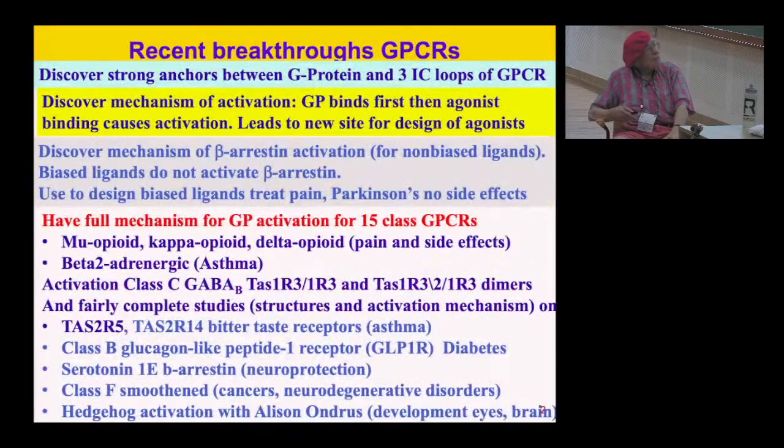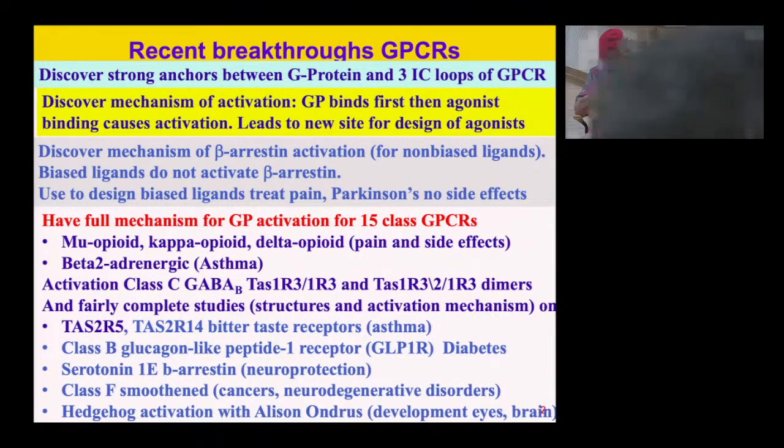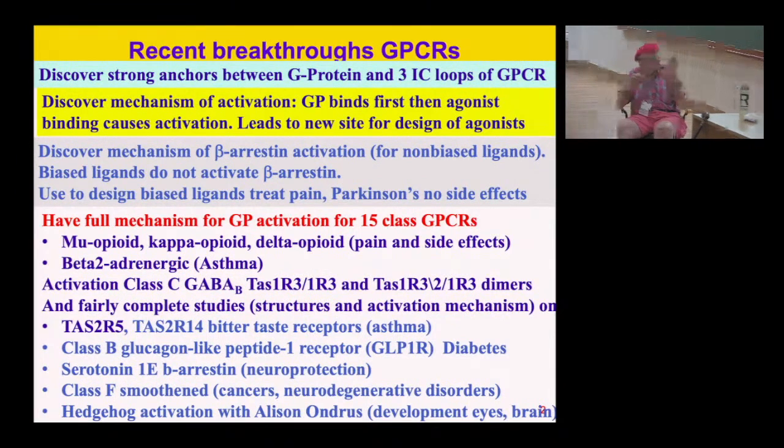And so the things I want to start with is we've learned over the last couple of years how G proteins and GPCRs are coupled. And I'll talk about that. And also we learned about the mechanism by which the G protein gets activated when the ligand comes up to the G protein GPCR complex.